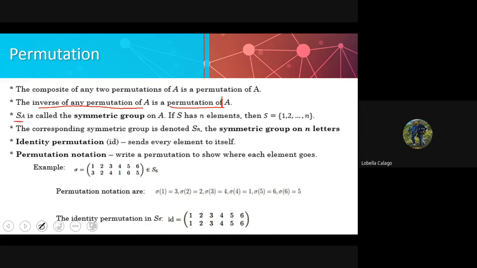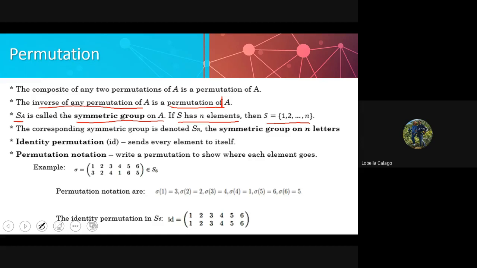So, yung SA daw is also called a symmetric group on A. So, bakit symmetric? Because if S has n elements, then ganito po yung kanyang elements: 1, 2, until n. Okay?